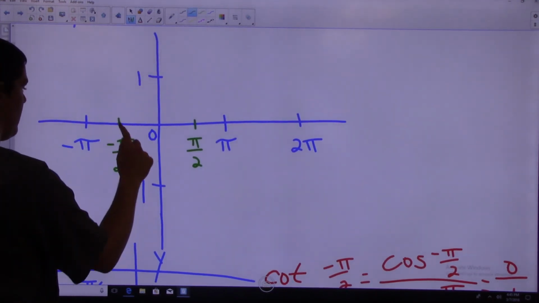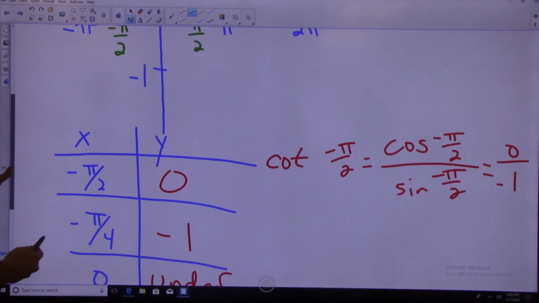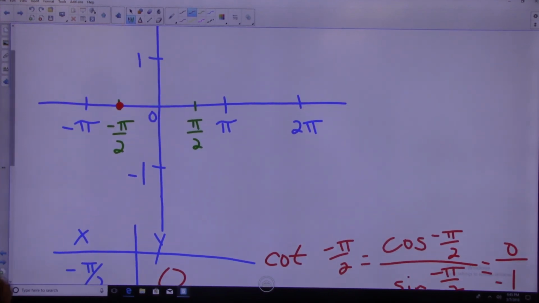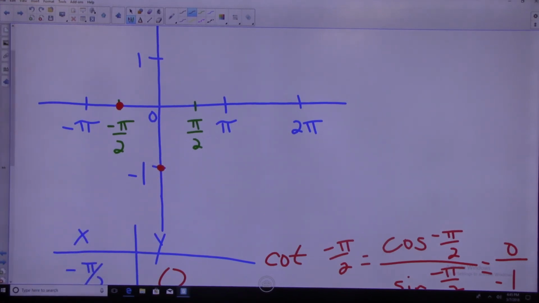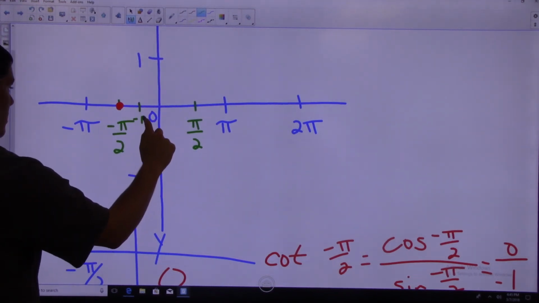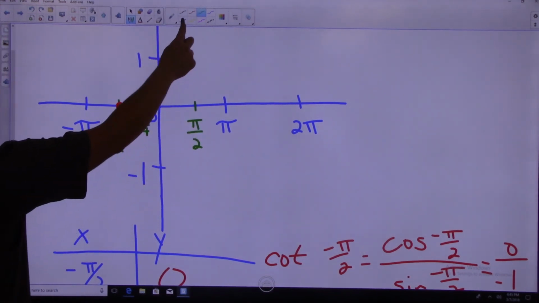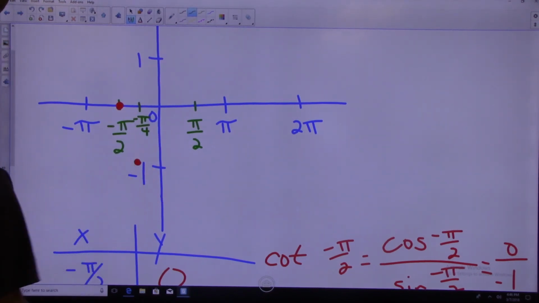So let me do this in red. Scroll down. Negative pi over 4, the y value is -1. There we go. My bad. I need to do pi over 4, negative pi over 4, which would be about right there. Sorry about that if you wrote that down already.